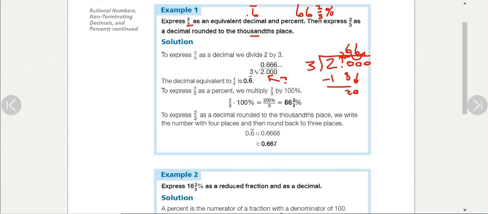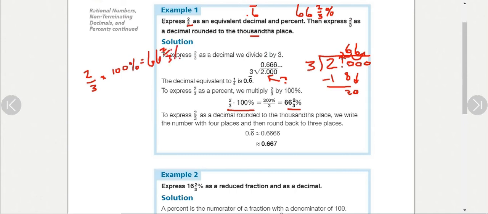What we really do is you take 2/3 and you multiply by 100, which gives you 200/3, which reduced, made proper, is 66 2/3. So take your original fraction to get the equivalent percent, multiply by 100%. That gives you 66 2/3%.